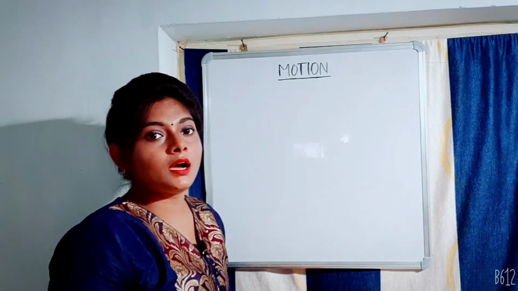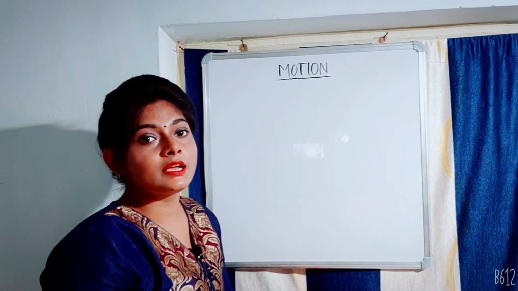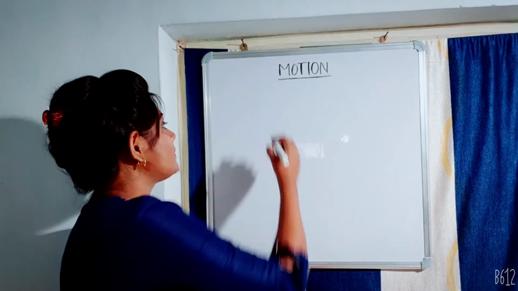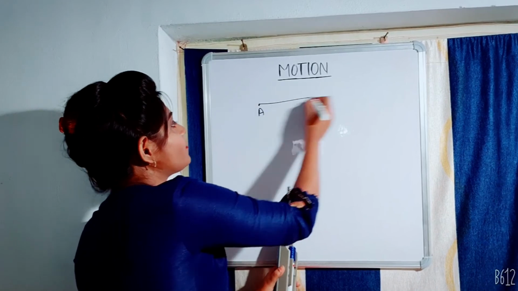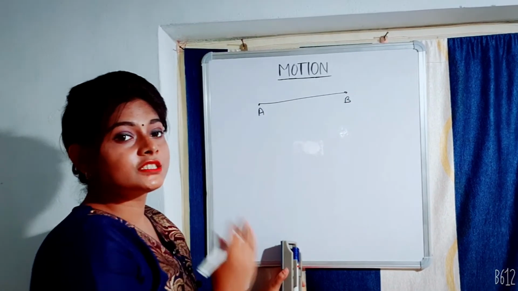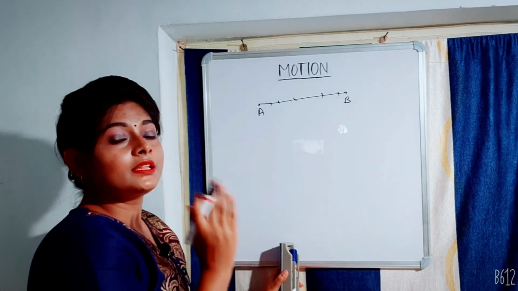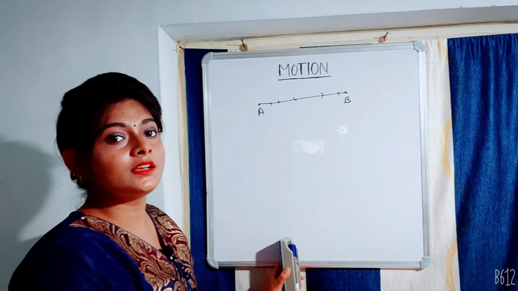Another term is there, that is instantaneous velocity. So what is instantaneous velocity? Suppose a body is moving from point A to point B. If we check the velocity at any instant of time, that is instantaneous velocity.